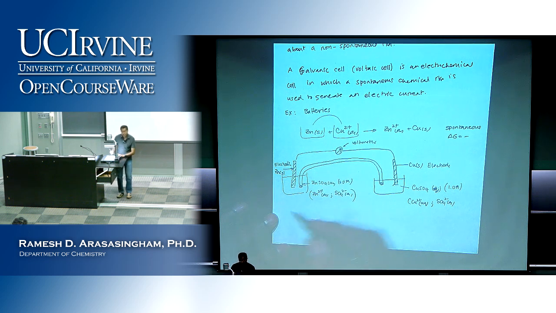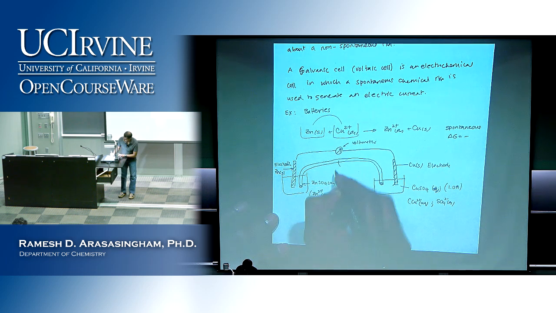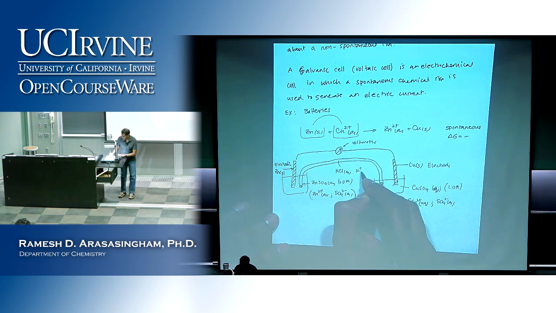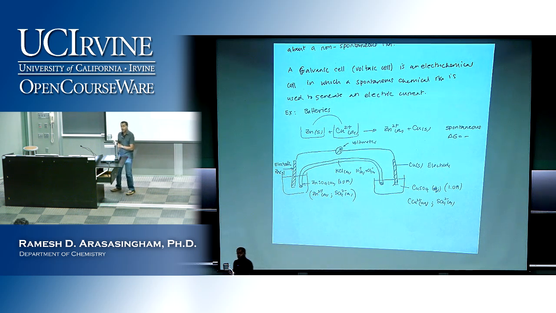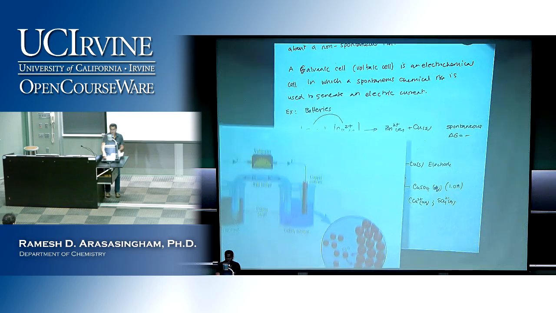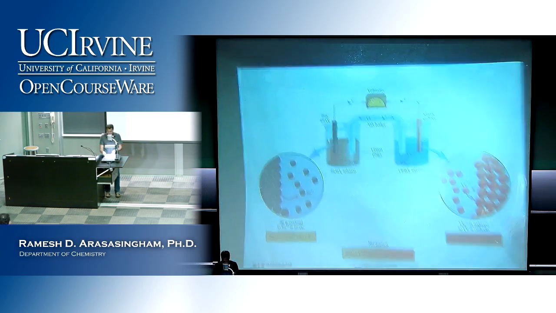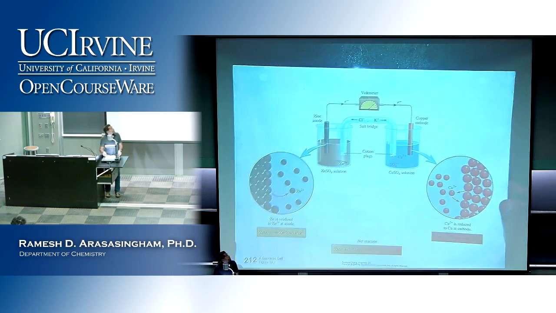And in here, this gel has KCl aqueous. In other words, it has potassium ions aqueous plus Cl- aqueous. All right? And I'm now going to switch and show you a prettier picture because it's the same thing that I drew.